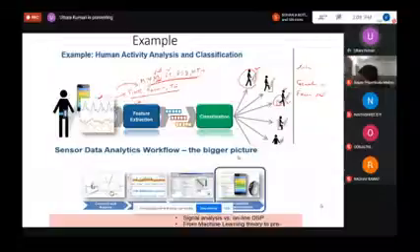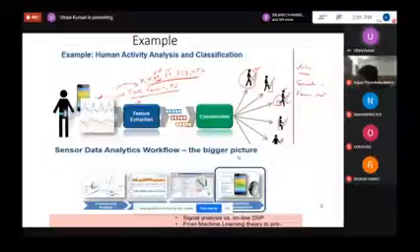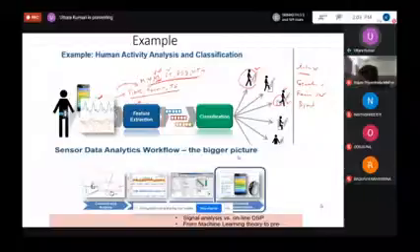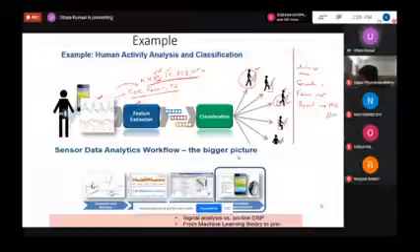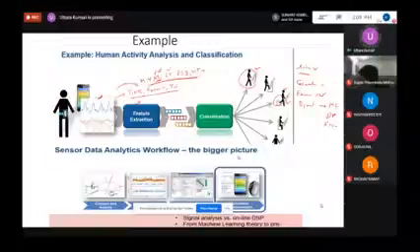Extract the features, observe which features are able to differentiate using some kind of correlation maps, then use a rule-based approach with simple algorithms, and you can implement it on any microcontroller, DSP processor, or FPGA processor. Okay, this is one kind.